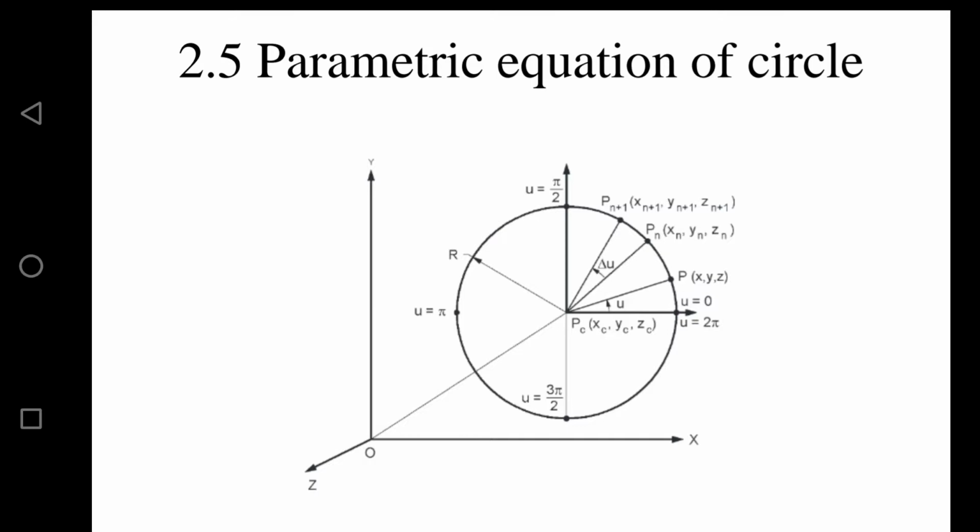So what we need to consider is, if I consider any point P on the circle which is having the coordinate points x, y and z, and having a parametric value u equal to any angle which goes from 0 to 360 degrees. Okay, 0 to 360 degrees.